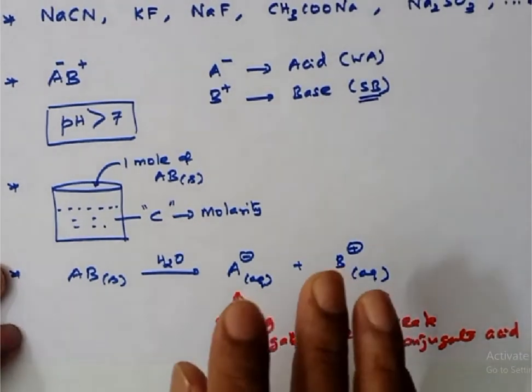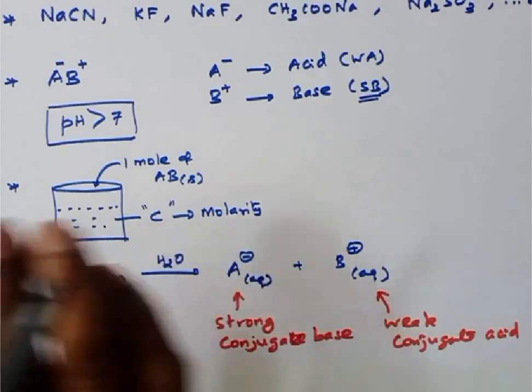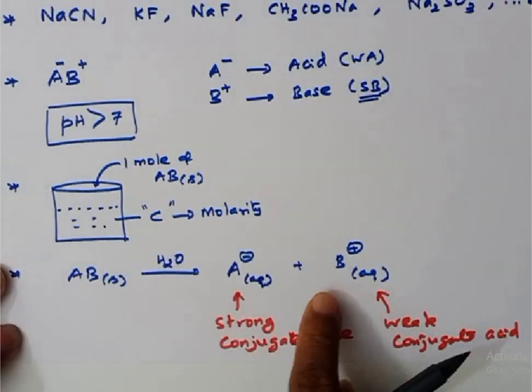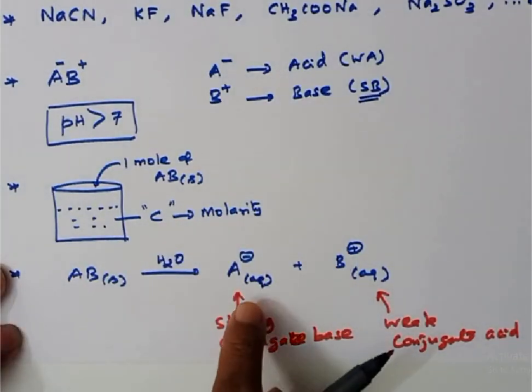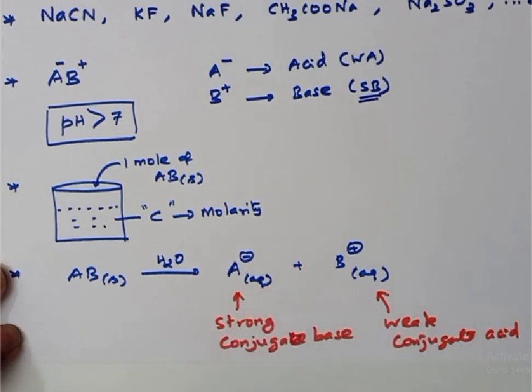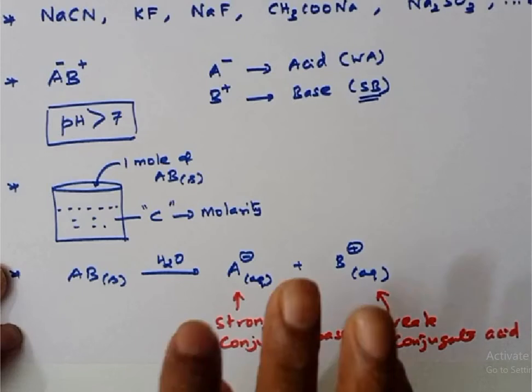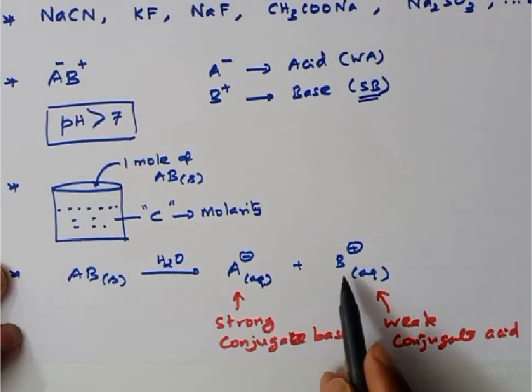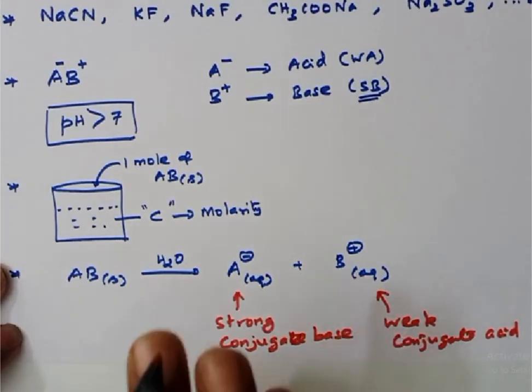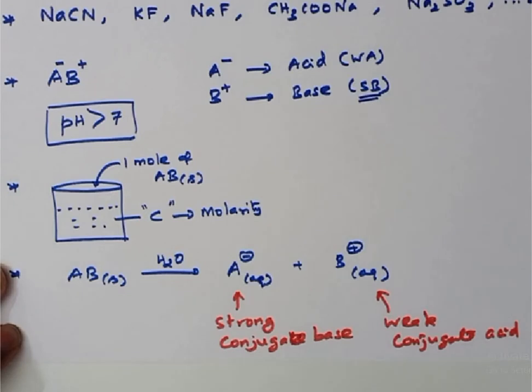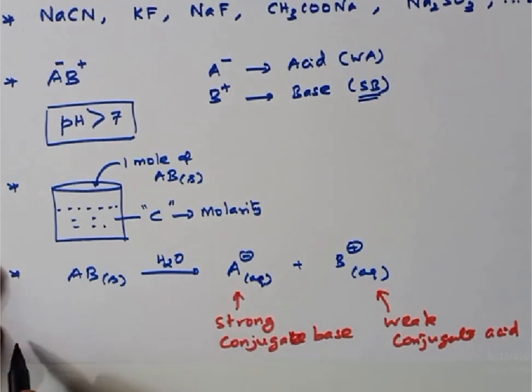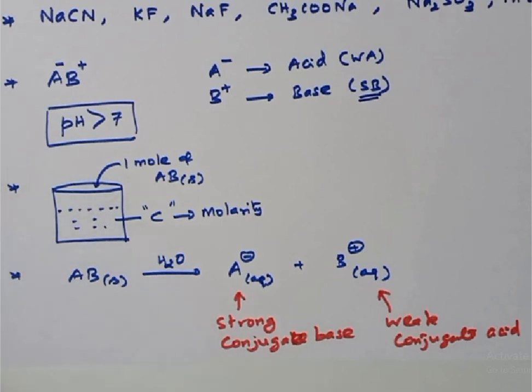I have discussed in the last lecture that stronger conjugate ions will react with water, therefore hydrolysis will occur, whereas weaker ions do not react with water. This salt undergoes hydrolysis because we have a strong conjugate ion in the solution.